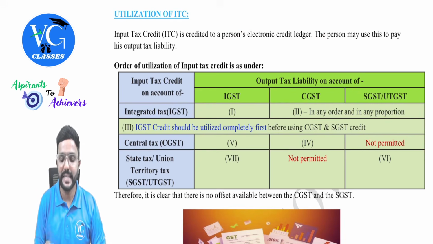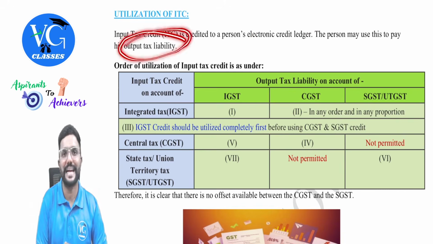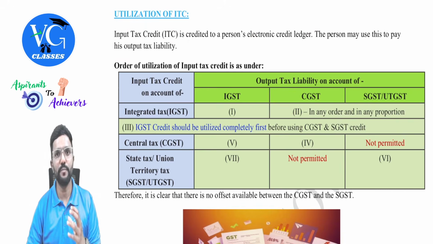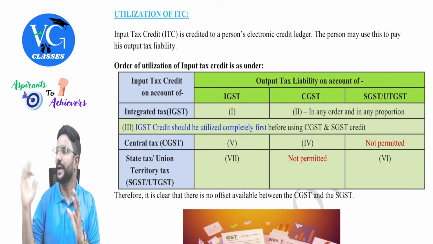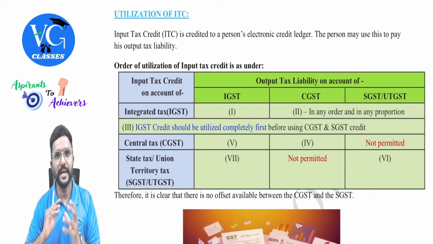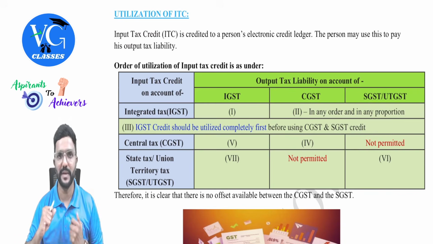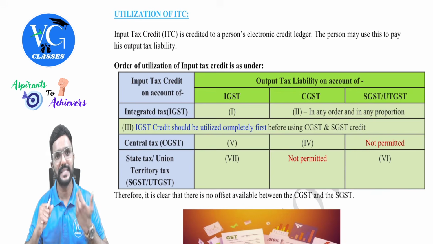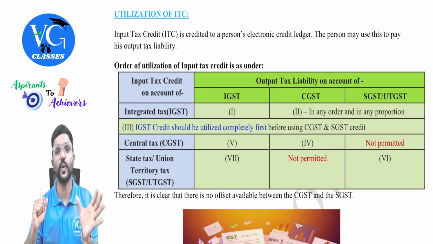Whatever credit is lying in the electronic credit ledger can be used to pay only the output tax of a person. Output tax means whatever I am supposed to pay on my outward supply. Sir, on my inward supply, if RCM is applicable, I am supposed to pay as a recipient tax under reverse charge mechanism. To pay that, can I use my electronic credit ledger balance? No, guys.